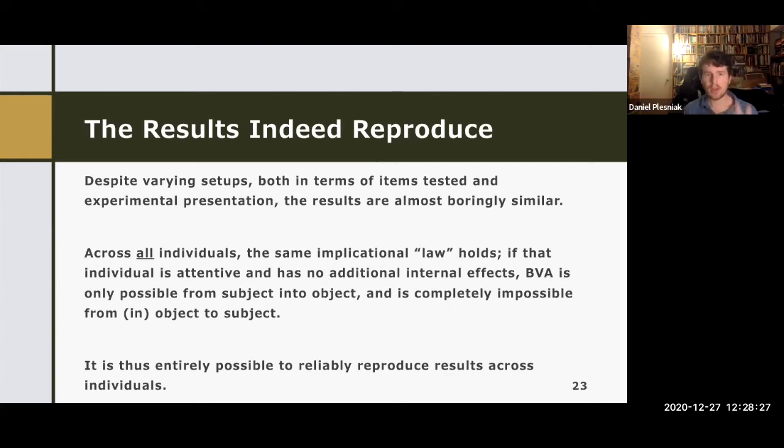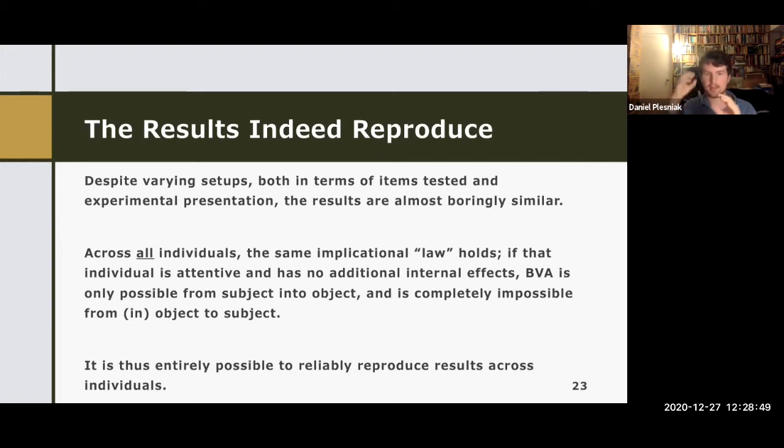And so across all individuals, the same implicational law holds, the same correlation holds, that assuming the person is attentive, and assuming they don't have an internal effect of some sort that we've diagnosed as interfering, and assuming there's not this confound of precedence, BVA is only possible from subject into object.